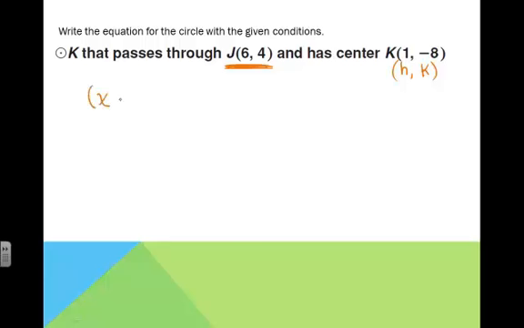So I know my equation is (x − 1) quantity squared plus (y − (−8)) quantity squared equals r squared. But I don't know what r is, so in order to find r, I'm going to plug in this point for x and y because I know that's a point on the circle.